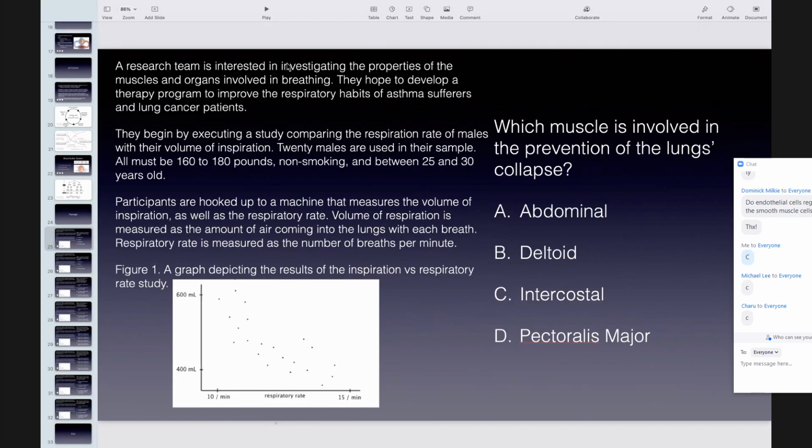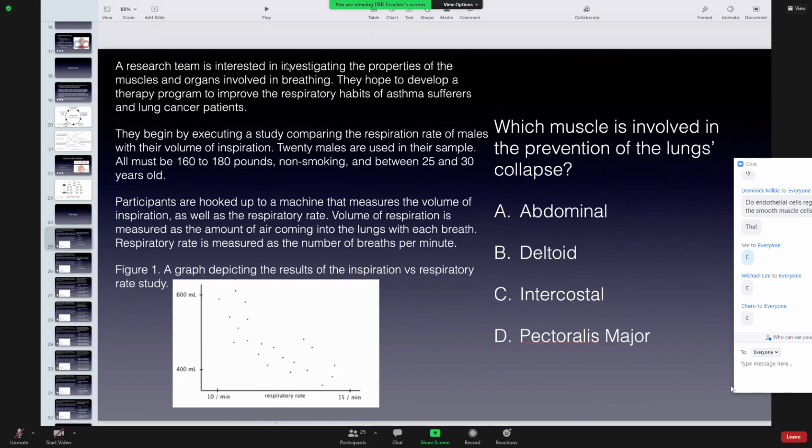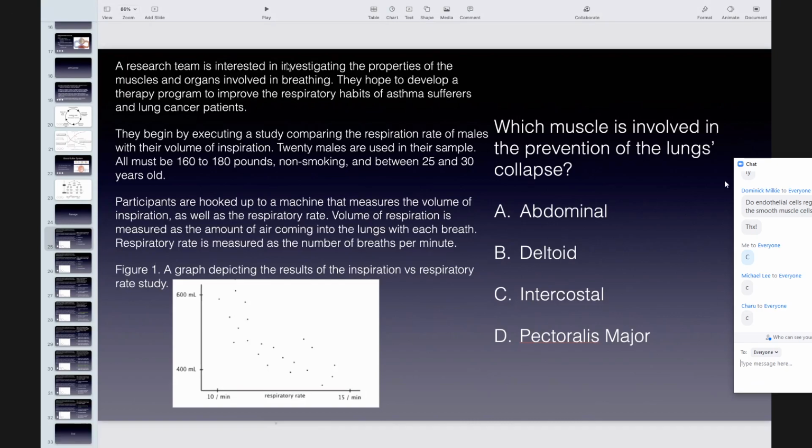All right, so this question is, which muscles are involved in the prevention of lung collapse? Essentially, which of the following muscles can aid in the breathing mechanisms? And so you have to think. Abdominal muscle, that's not doing anything to your lungs. Deltoid, that is shoulder. Pectoralis major, that is your chest, but it's not important in increasing or decreasing the thoracic cavity.